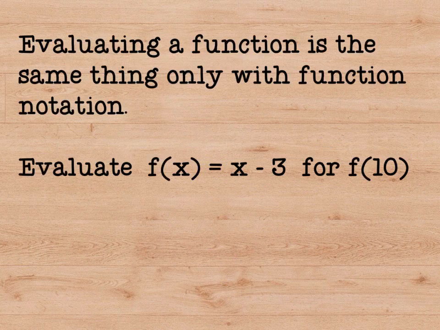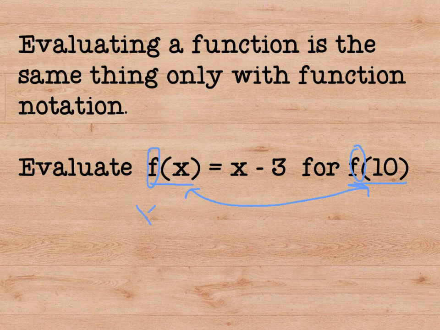Evaluating a function is the same thing, only with function notation. If I want to evaluate f of x equals x minus 3 for f of 10, notice that these two look alike. They both have a name of f, and x and 10 become interchangeable.